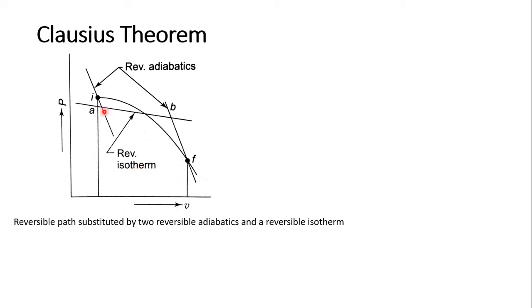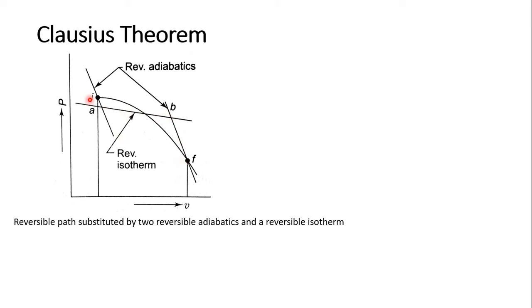Initially our state is at I, we follow some reversible path to get equilibrium state F, we draw reversible adiabatic IA, we draw BF through point F, which is also reversible adiabatic, then we draw a reversible isotherm AB such that the area under IF, which is the work done, is equal to the area under IABF. So the work done for process IF is equal to the work done under processes IA plus AB plus BF. So the area will remain the same.